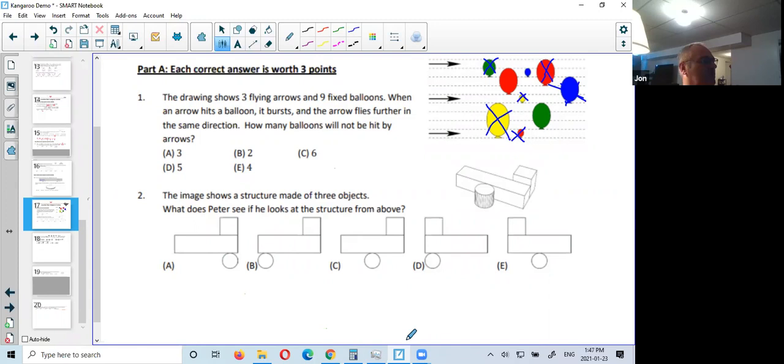It looks like it has the circle in the middle and the rectangle, because the circle is on the bottom, in the middle of the rectangle. So it has to be C. It can't be E because the cube is not on the left side. It's on the right side.